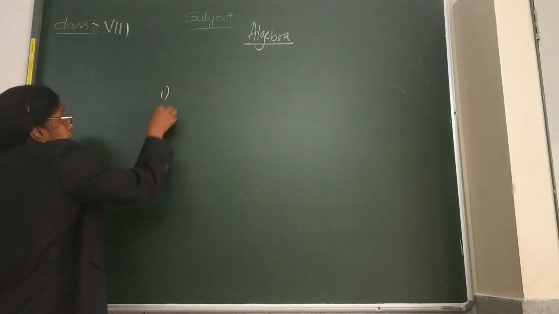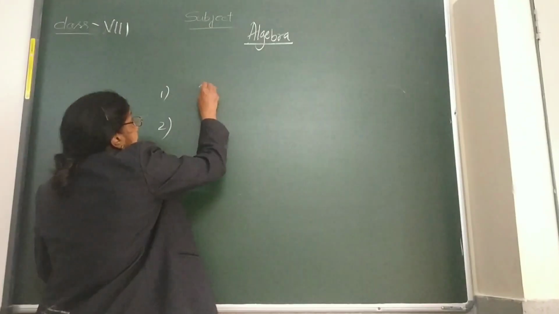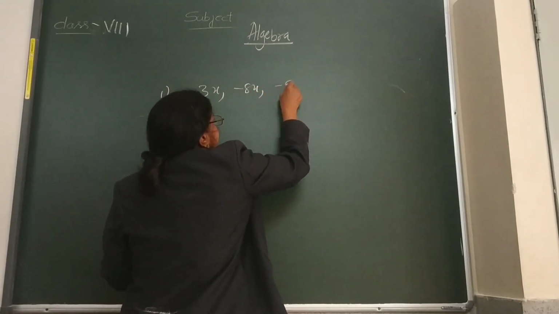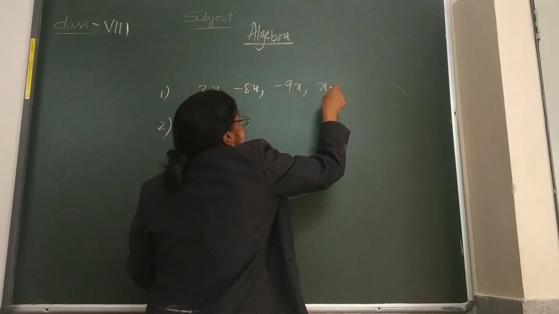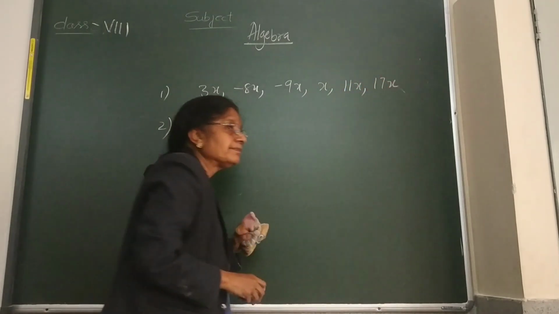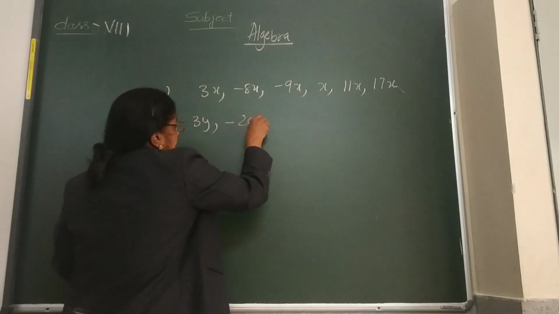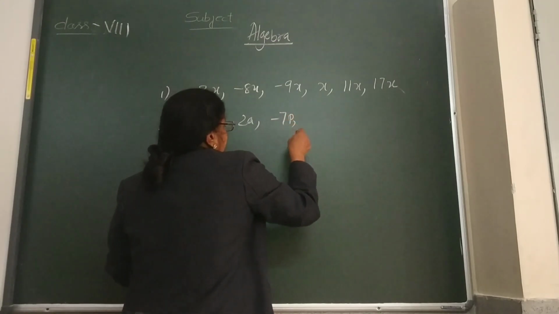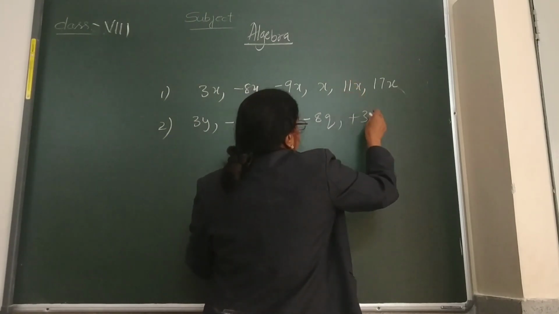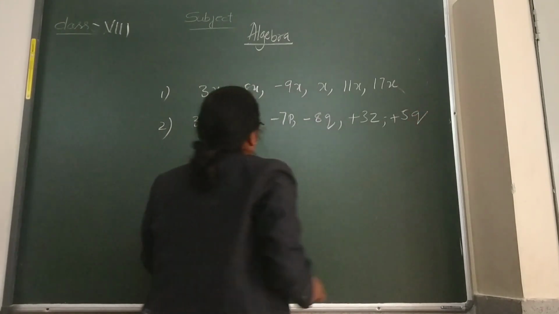Certain examples I am going to write down on the board. Just pay attention. What are they called? 3x minus 8x minus 9x, 11x, 17x, and 3y minus 2a minus 7b minus 8q plus 3z plus 5q.